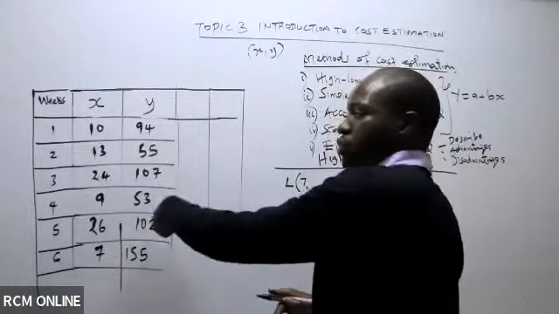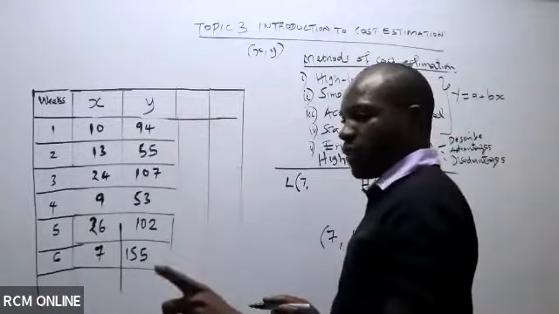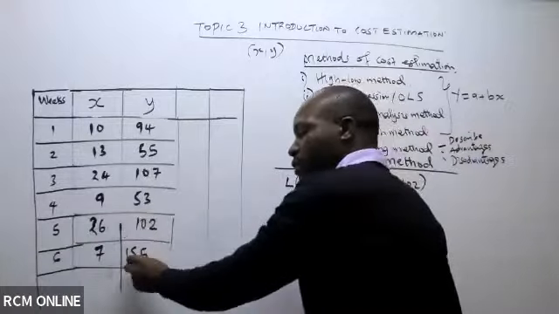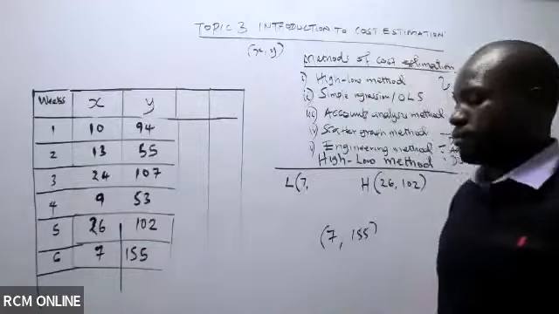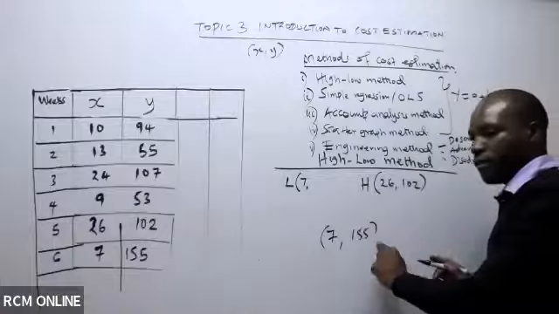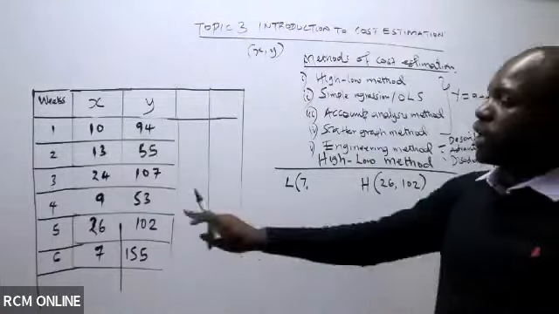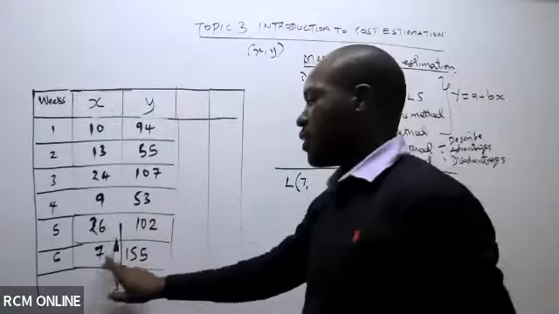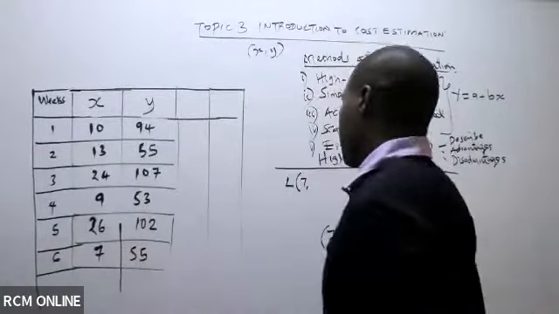That's when I will now go to column Y. But if I don't have similar figures, when 7 is the lowest and it corresponds to 155, this will be my lowest coordinates. 7, 155. So that's why we cannot pick 9 and say it corresponds to the lowest here. No, we take 7 and have 55.